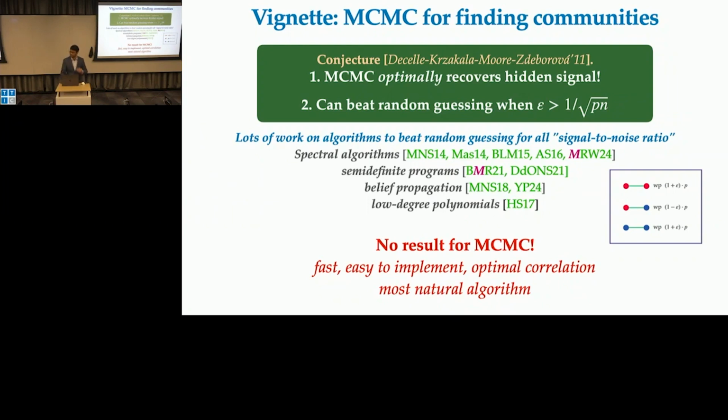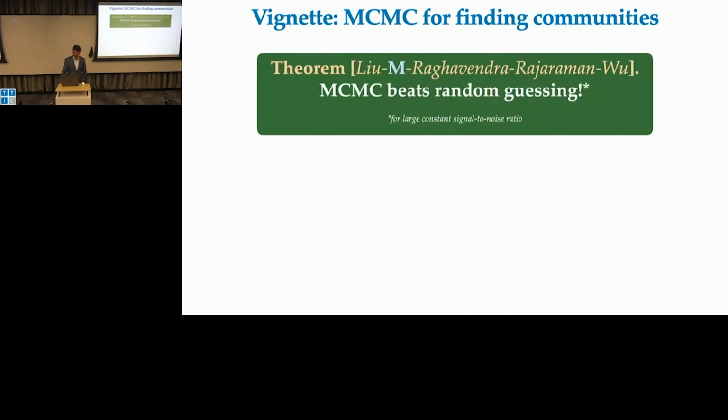So we decided to study MCMC for the block model. And we were able to prove that it does, in fact, beat random guessing. And maybe not in the full regime where it's possible, but for some large constant factor above the optimal threshold.